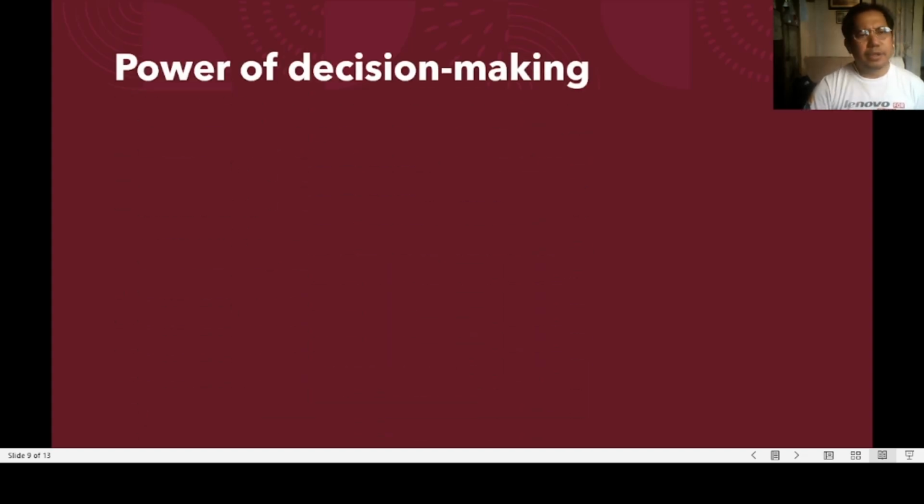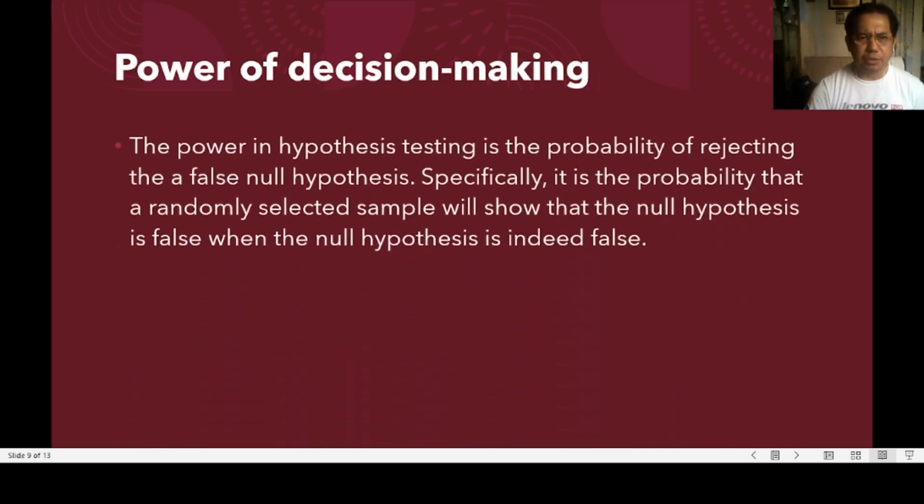Now, we have in here another term, power of decision making. What do we mean when we say power of decision making? It says in here, the power in hypothesis testing is the probability of rejecting a false null hypothesis.